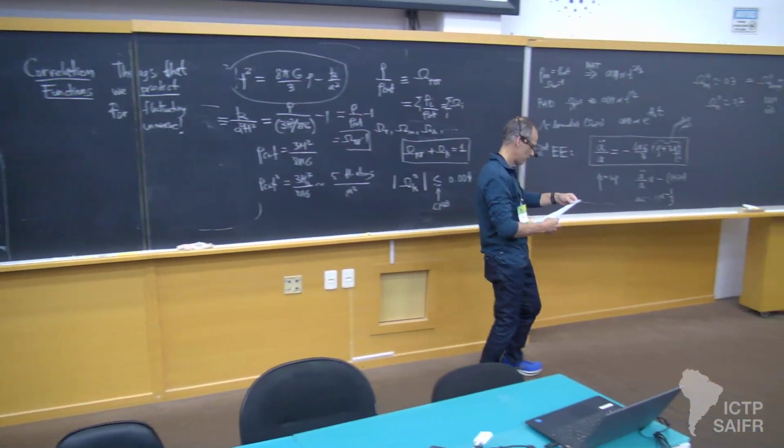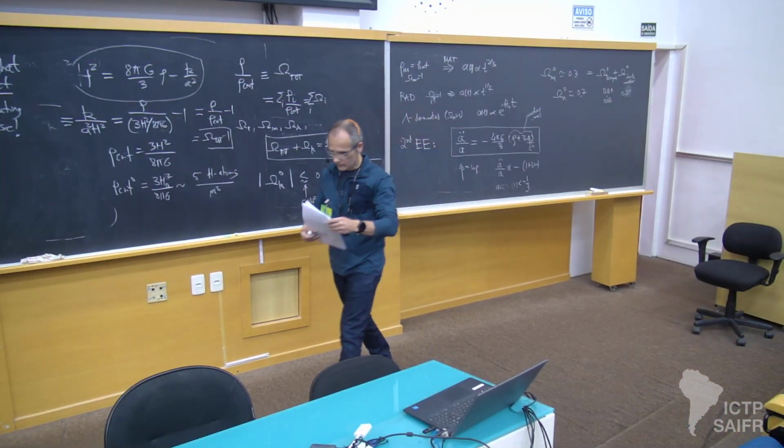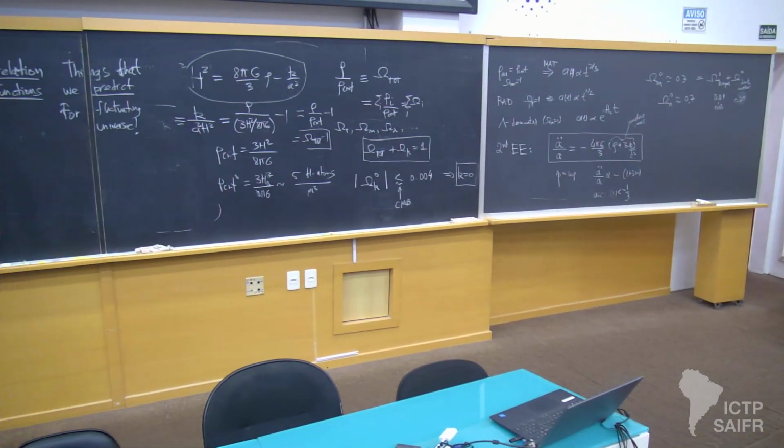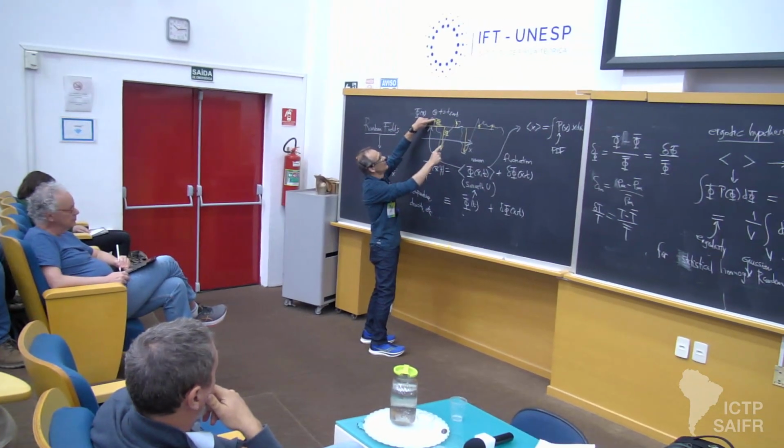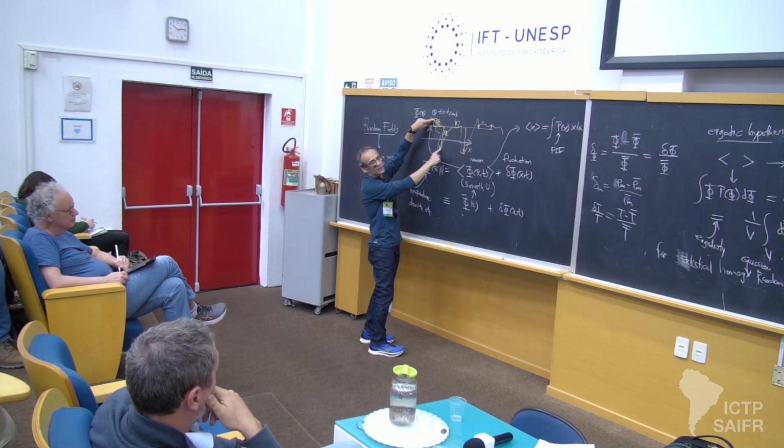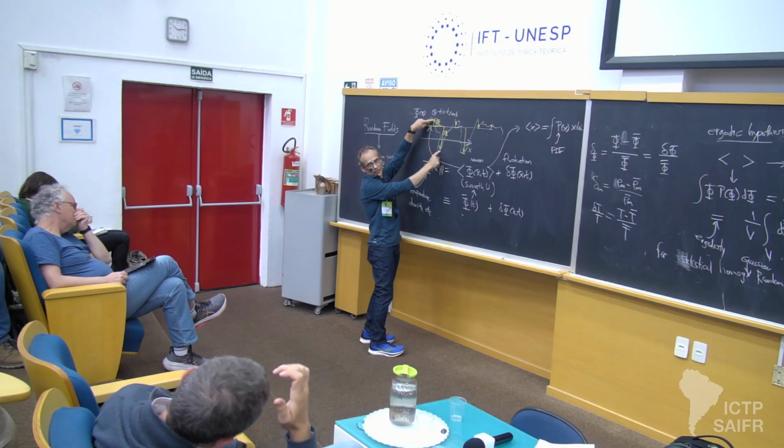So what are these correlation functions? As the name implies, what we are now asking is not what is the value of the field at each particular location, but what are the correlations between this point and this point, okay? If this point is high compared to the mean, is it more likely that this other point will be high or will be low?